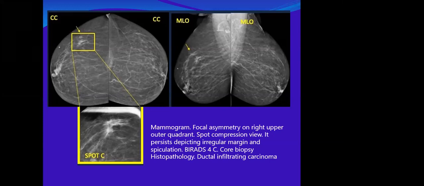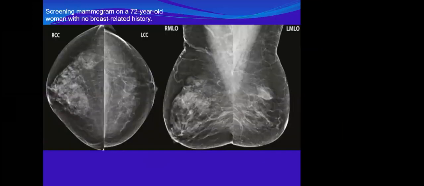Core biopsy demonstrated ductal infiltrating carcinoma. So this is a focal asymmetry. We said most of the time it is an island of breast tissue, but it can still represent infiltrating ductal carcinoma, so we have to be aware. And if you look at the standard view, it is not so impressive that it represents a cancer. So it is a subtle presentation of cancer, however more impressive on spot compression.